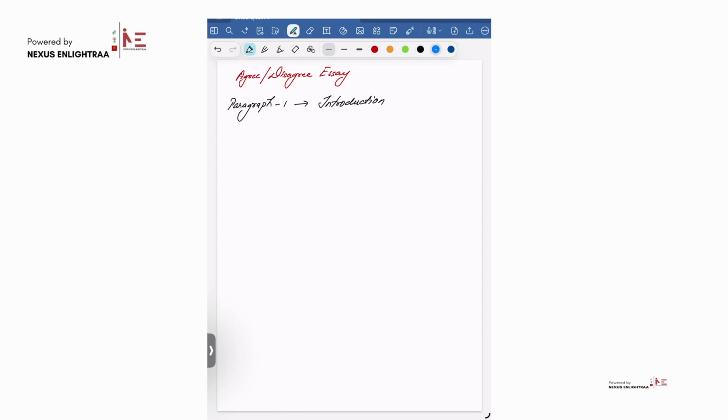The first sentence, sentence 1, will always be your paraphrase question. Sentence 2 is your opinion statement. So I'll explain what this opinion statement is.